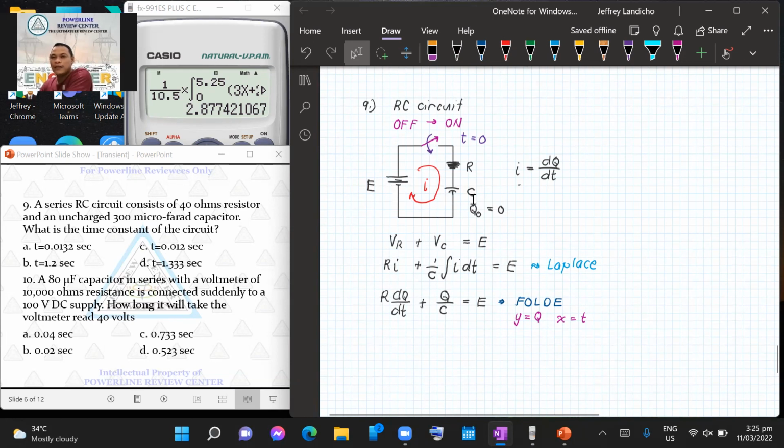So as time approaches infinity, it increases its corresponding value. So ito na ang lalabas na equation natin, that the charge of the capacitor at any given time t is equal to whatever the maximum charge that the capacitor may attain, quantity 1 minus e raised to negative t over lambda.